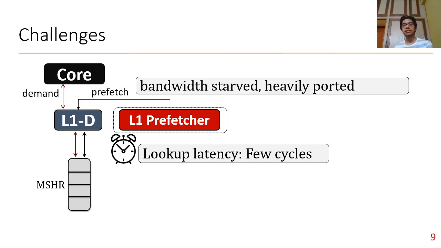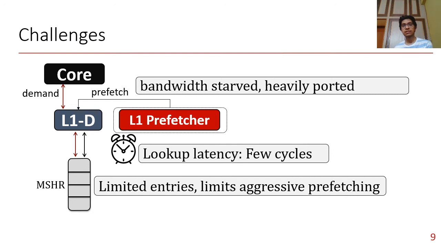Secondly, the L1 is already bandwidth starved and heavily ported. The prefetcher probes the L1 cache to find out whether the cache line is already present at L1. In order to save bandwidth, the number of such lookups has to be minimal. This means that the prefetches have to be highly accurate, timely, and less in number in order to make the most use out of this tiny bandwidth.